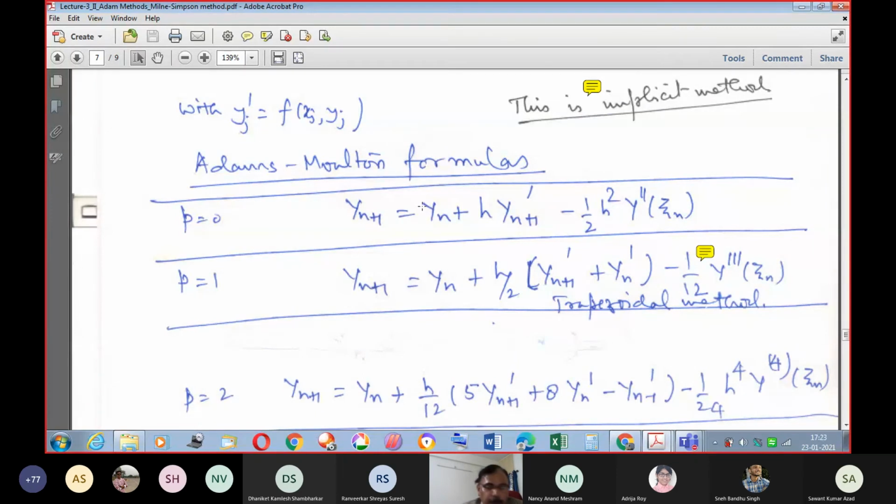The way I have told you how to write the Adams-Bashforth method, exactly the same way. For p equal to 0, the Adams-Moulton method will be yn plus 1 equal to yn plus h times yn plus 1 prime. Error term, leave that.